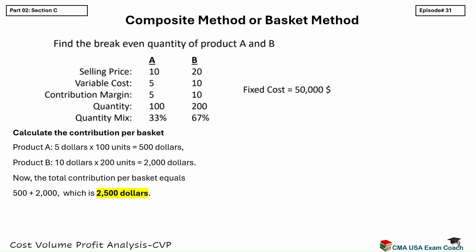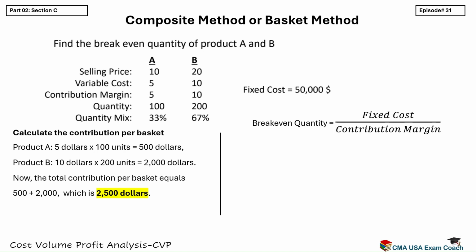Now, the total contribution per basket equals 500 plus 2,000, which is $2,500. Next, apply the break-even formula. Break-even number of baskets equals fixed cost divided by contribution per basket. So we have break-even quantity equals $50,000 divided by $2,500, which gives us 20 baskets.